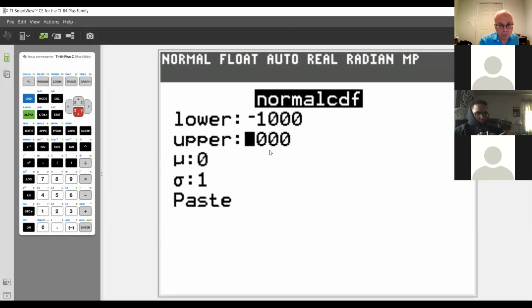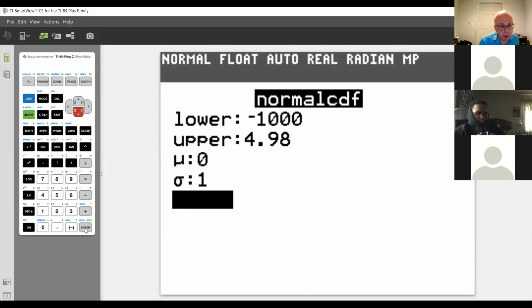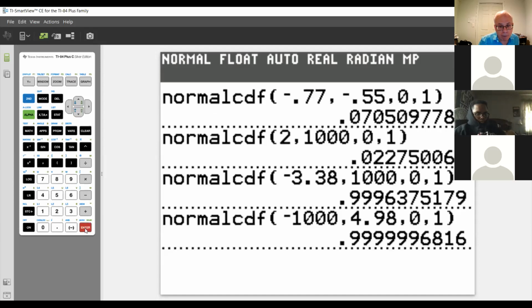Then the upper tail would be our number, 4.98. Again, we expect almost 100% of the curve to the left of that value. Yeah, pretty much the whole curve. Look at all those 9s there. Almost the entire curve.